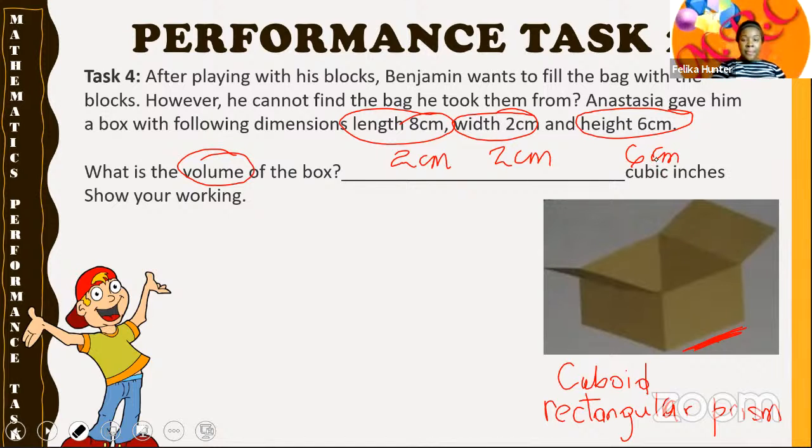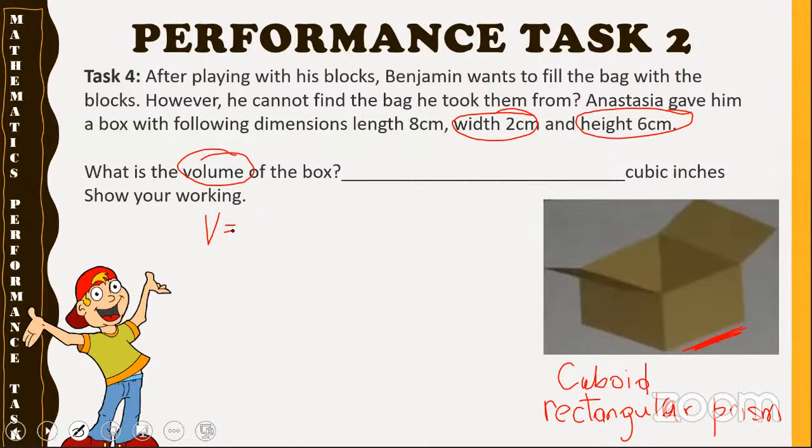All right. So now we're going to go ahead and find the volume. How do we find the volume of a cuboid? The letter V represents volume. Repeat what that said, Angelica.